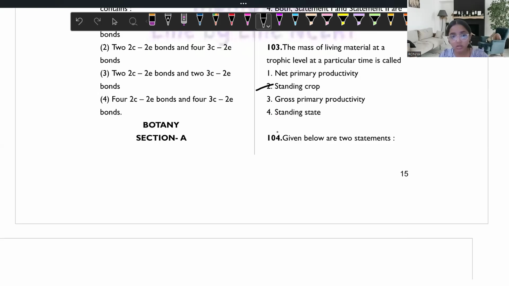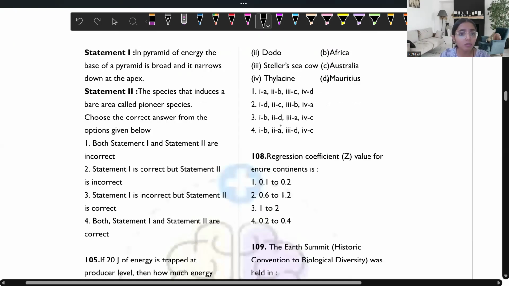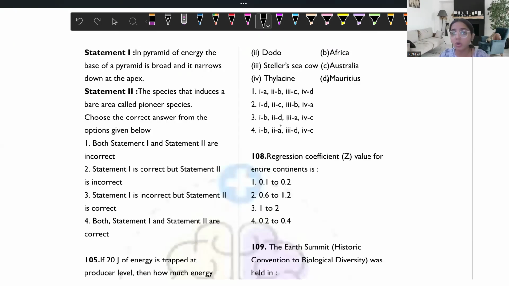What is the answer to question 104? It is again giving two statements. The first statement says that in a pyramid of energy, the base of the pyramid is broad and it narrows down at the apex. This is a correct statement. The base of the pyramid of energy includes producers, that is, organisms which produce energy.